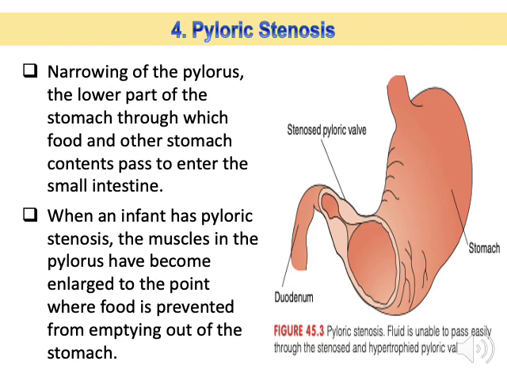In formula-fed infants, this typically begins at approximately 4 weeks of age, while in breastfed infants, symptoms begin at about 6 weeks of age. Why? Because the curd of breast milk is smaller than that of cow's milk, so it passes through a hypertrophied muscle more easily.